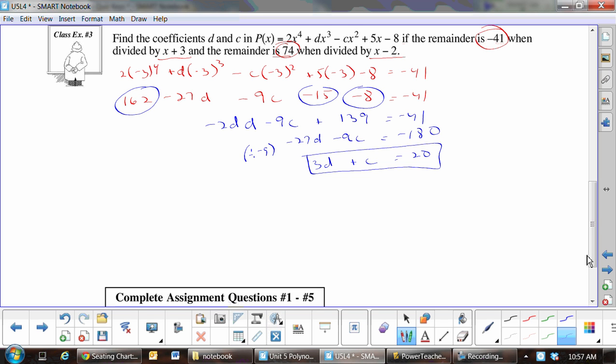Now, the next one, we're going to plug in what to get 74. So 2 times 2 to the 4 plus d times 2 cubed minus c times 2 squared plus 5 times 2 minus 8 equals 74.